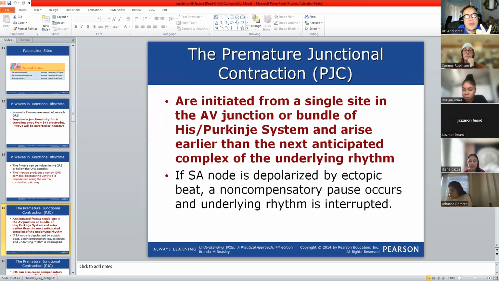Now we are going to touch the premature junctional, and in the future we will touch the premature ventricular. So what should I know? So far, a negative P wave means it is junctional. If it comes earlier than expected, I will say this is premature junctional contraction. Easy to remember.